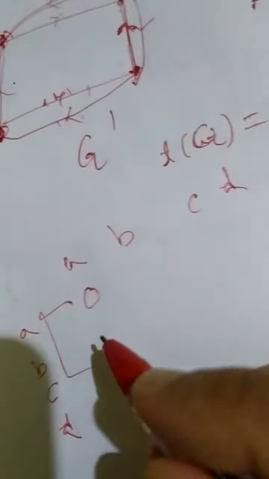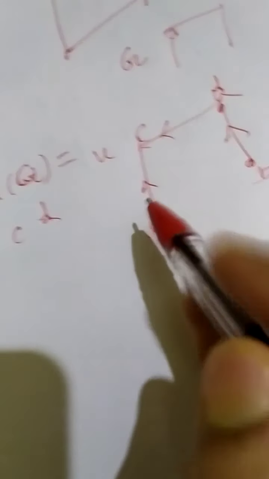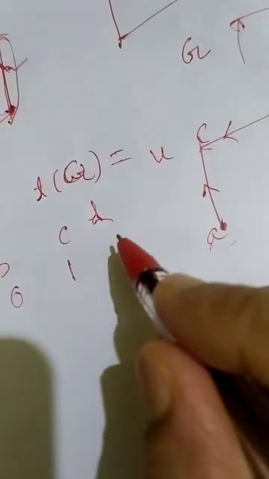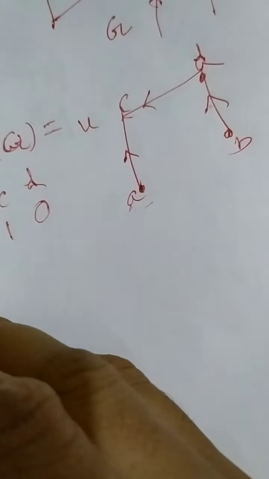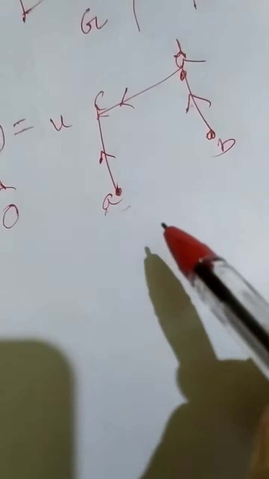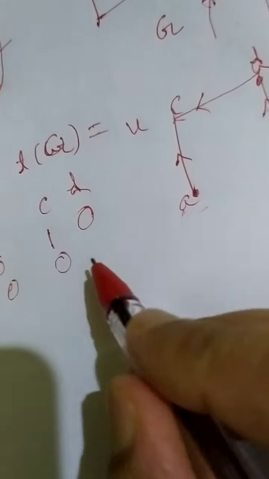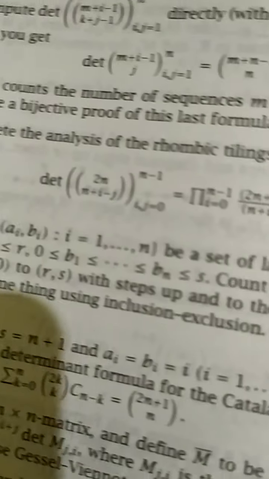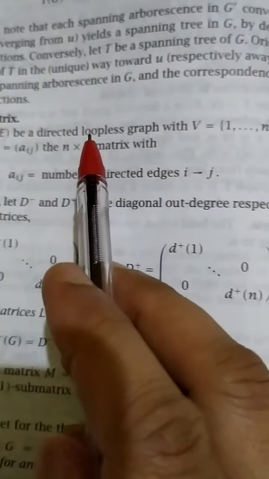No, there is no edge between A and B. There is one from A to C. Yes, A to C, 1 degree. A to D, no. Then B to A, no. B to B, no. B to C, no. B to D, yes, something like that. So you can have the corresponding matrix for this directed graph.